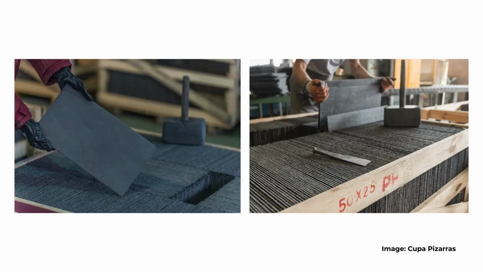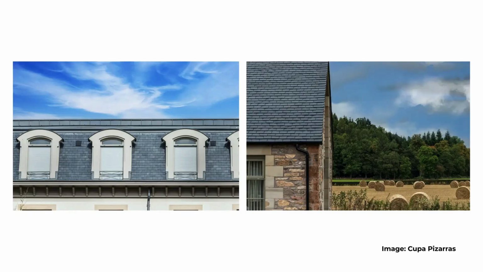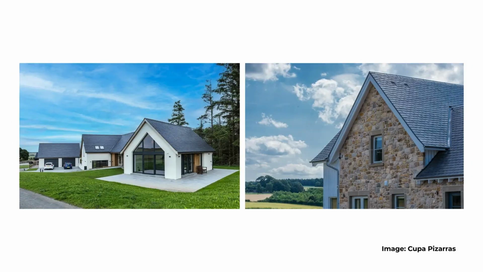Some of the most well-known natural slate producing countries include Wales, England, namely the Lake District, Spain and China. We also get artificial slate made from a mix of cement, fibre and additives. It's worth noting that artificial slate doesn't have the same sort of textured surface as natural slate, therefore it doesn't provide the same level of ventilation between artificial slates as you get in natural slates, so it's worth bearing that in mind.